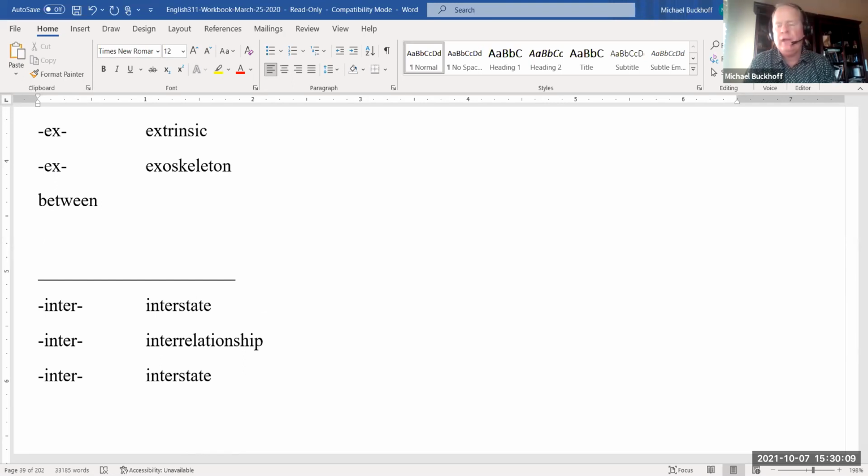You have Interstate 15, right? Odd number freeways go north and south, even numbers go east and west. Interstate 15 begins or ends in the San Diego area, depending how you want to look at it, goes all the way through California, into Nevada, through Utah, and all the way into Idaho. So it goes between one state to the next. So there's a difference between the internet and the intranet.